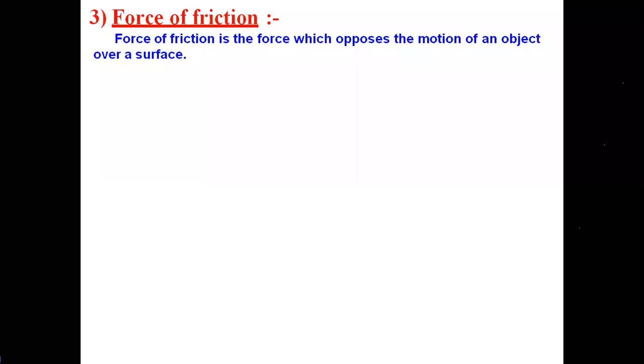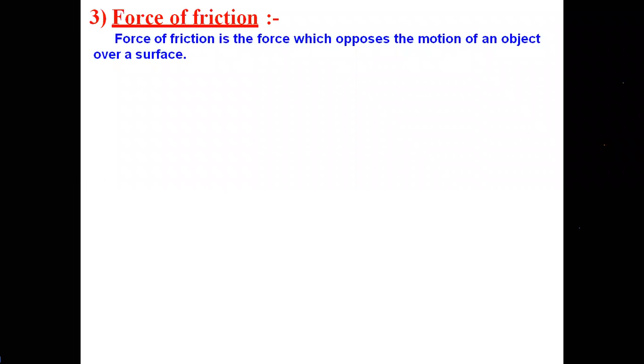It loses its speed and finally becomes rest. What happened to that ball? The ball is in contact with the earth, so the earth opposes with a force. Due to that force, the moving ball stops at one position. That we can call the force of friction.